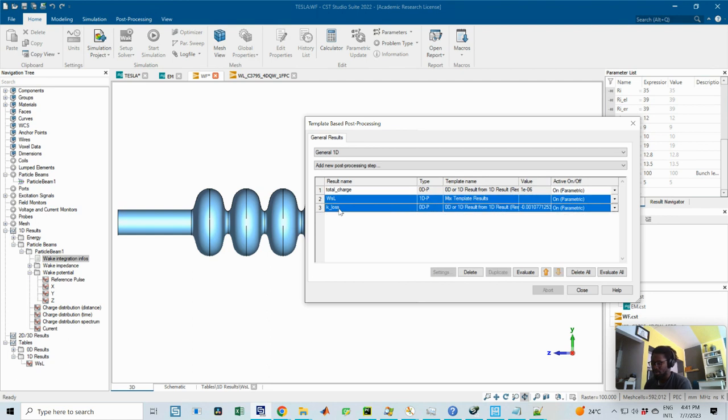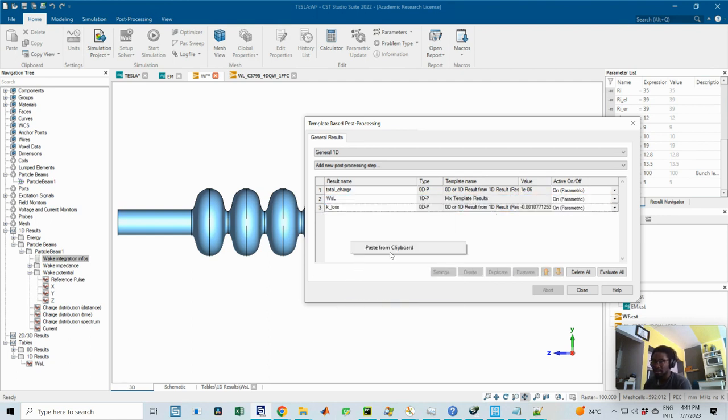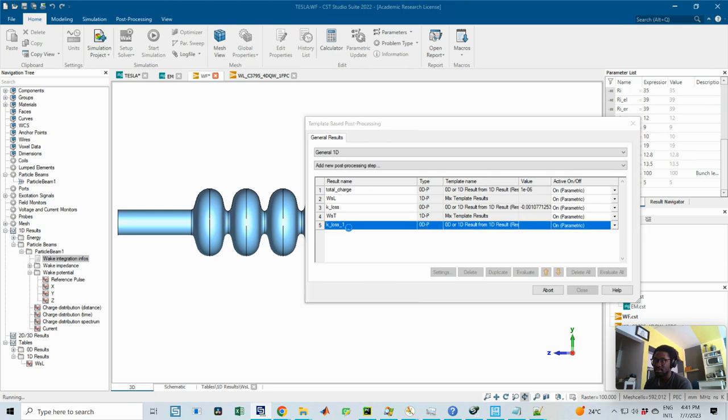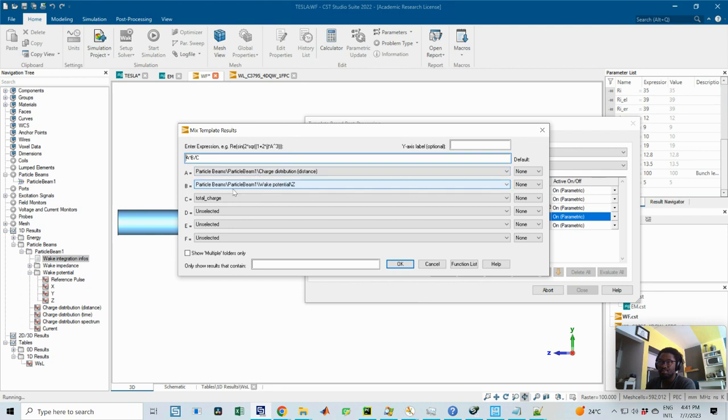So I'll just copy this, copy to clipboard, and then paste from clipboard, and then change this to WS transverse, and I'll change this to kick. Okay, kick.